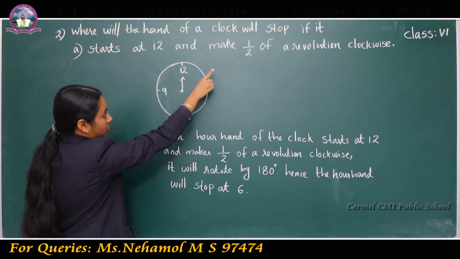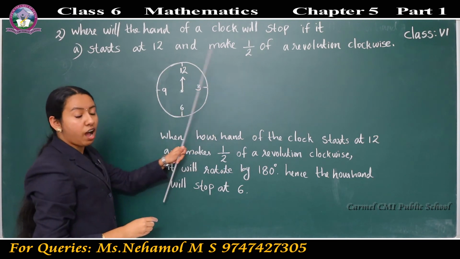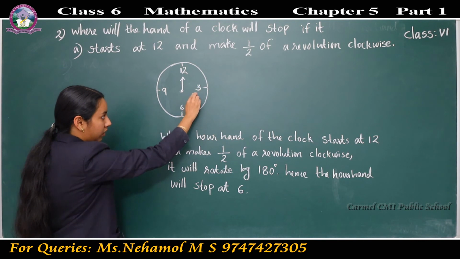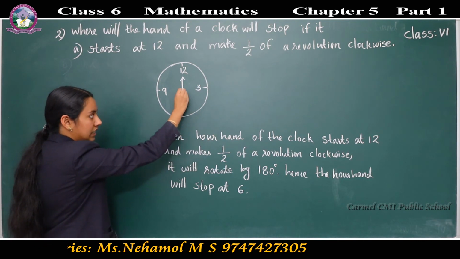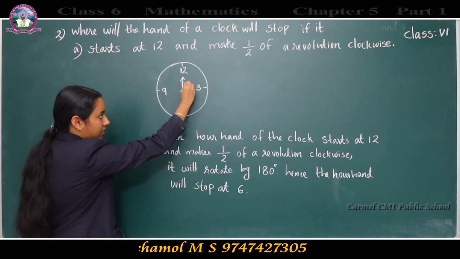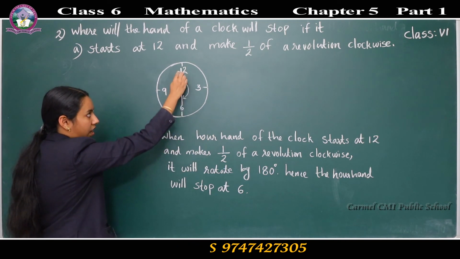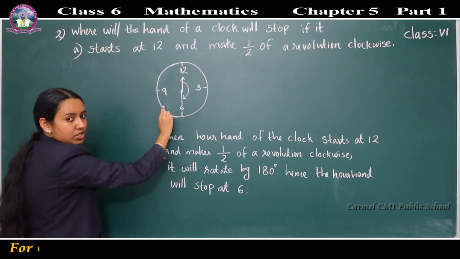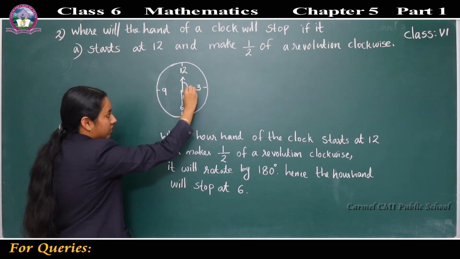So if it starts at 12 and makes half of a revolution, it will reach 6. This is half of a revolution. Full revolution, half revolution. So what is the angle formed?